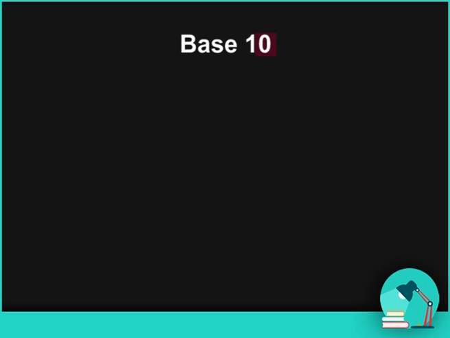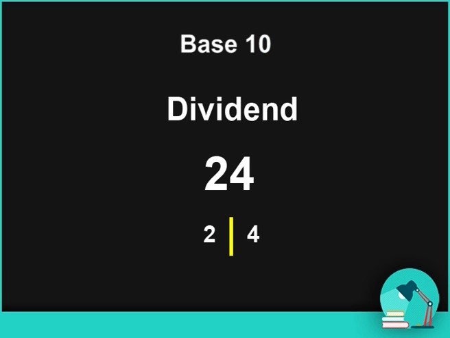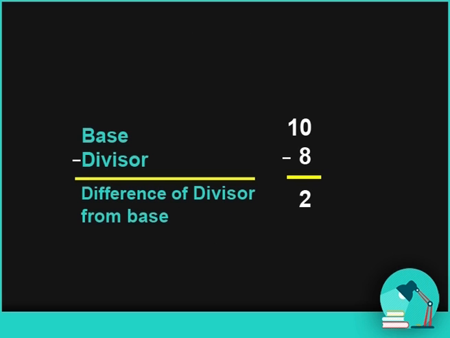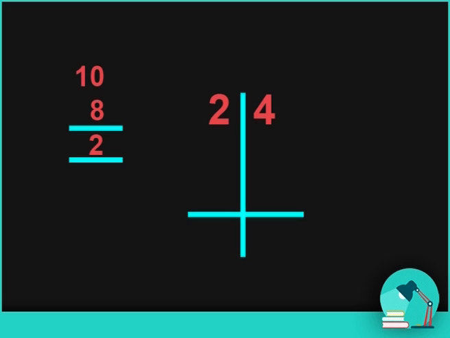Since the base 10 has one zero in it, we will divide dividend 24 in such a way that the right-hand side has one digit. Now we will take the difference of the base and the divisor and write it as shown to you. Let us write down the dividend, divisor and the base according to the format and solve the division.